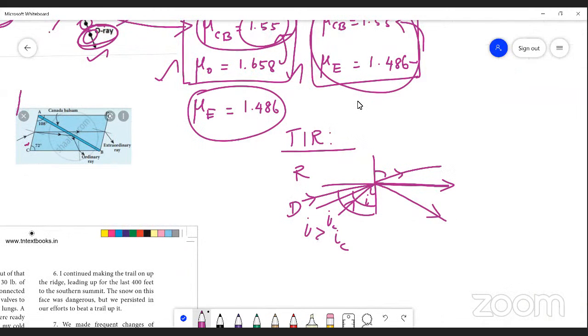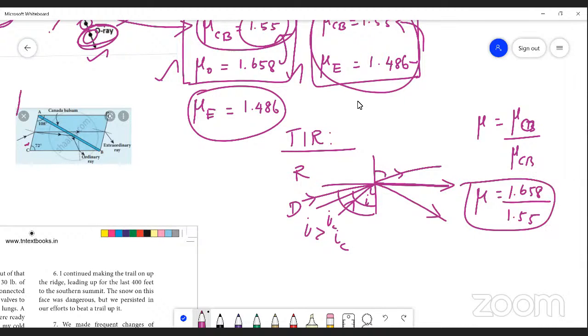Mu is equal to mu of ordinary ray divided by mu of Canada balsam. What is the refractive index of the ordinary ray? 1.658, divided by the refractive index of Canada balsam, 1.55. Am I right? Yes, sir.